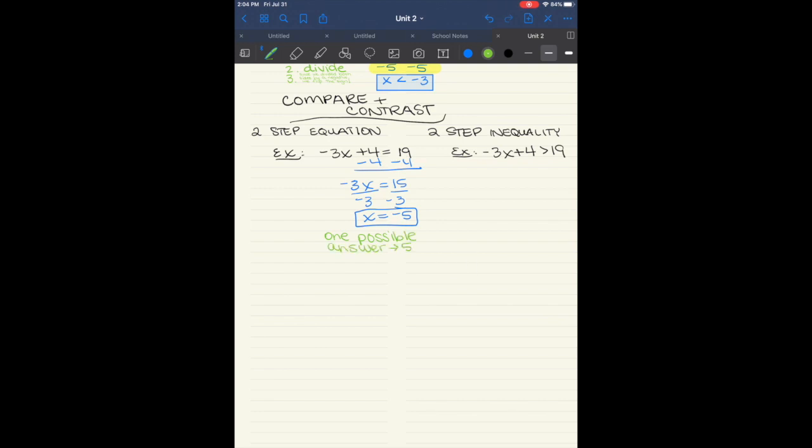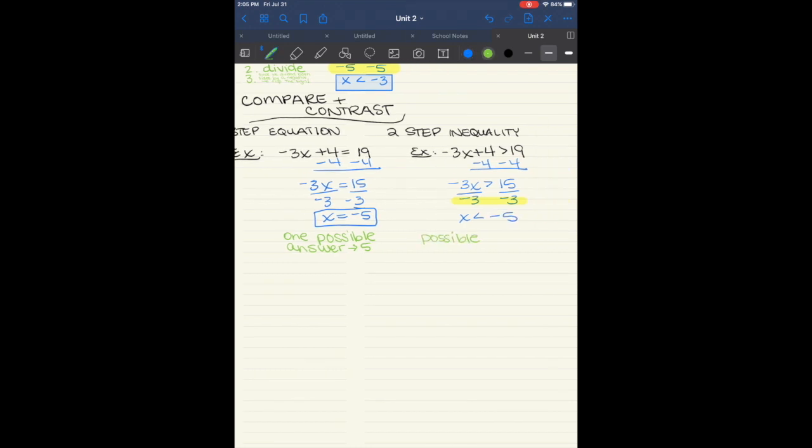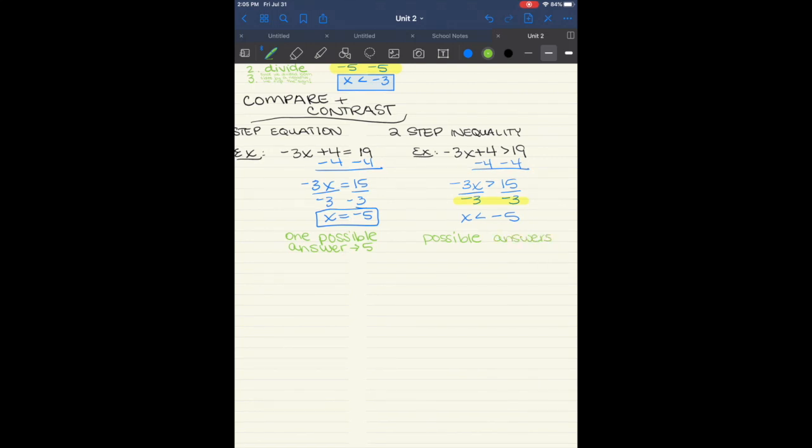Now that'll be a little different here because we subtract 4, then we divide by -3. Remember to flip the sign. So we have x is less than -5. So that means that we have a lot of possible solutions. So we've got -6, -7, -8, -9, like all numbers that are going further into the negatives.